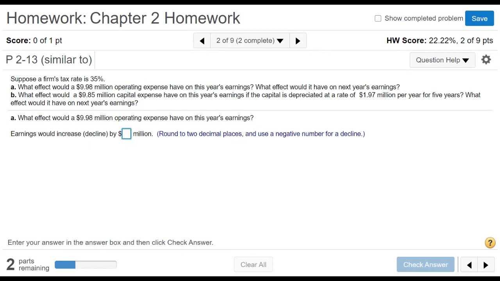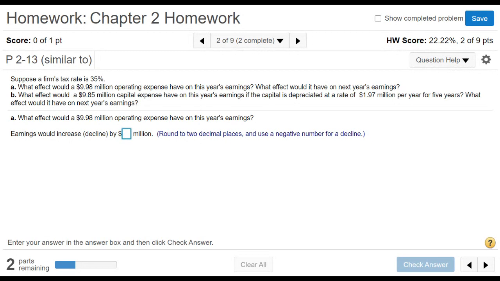That's the answer? I think it's negative 1.28 because it's depreciation. They gave us a depreciation. Wait a minute, the answer is 6.49? You're on the right track. I agree with negative 6.49. Wait, say that again.